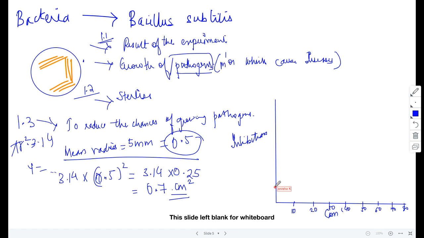Let's check. 1, 2, 3, and 4. Okay. Of the solutions. So the first one at 100 will be somewhere here. My inhibition will be 3.8, so it will be coming somewhere here. Shall I draw it on the next slide? I'll draw it perfectly. Next slide.